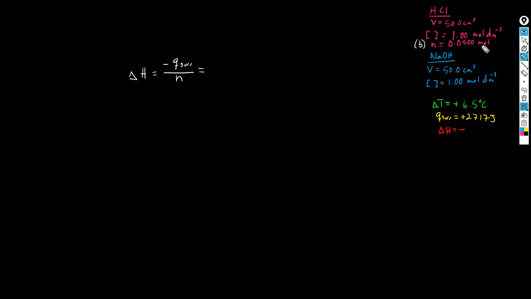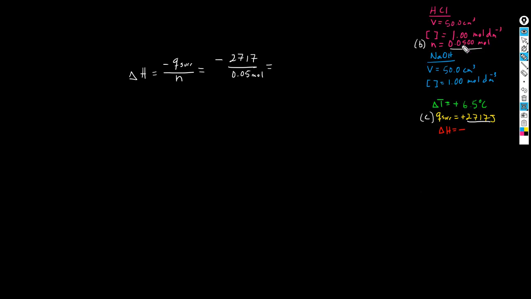But since part B asked us to find the number of moles of hydrochloric acid, that is a clear indication that this is the number we should use. And then in part C, we found the Q of the surroundings, 2717 joules. So all we have to do to find delta H is negative Q of the surroundings, negative 2717, divided by n, which we found in part B was 0.05 moles.